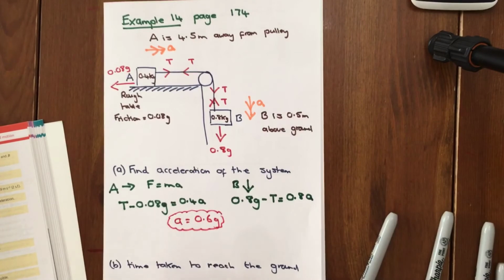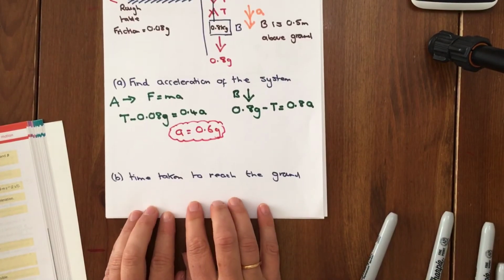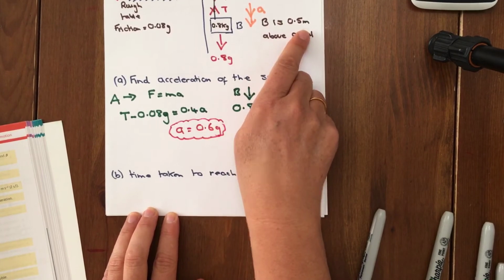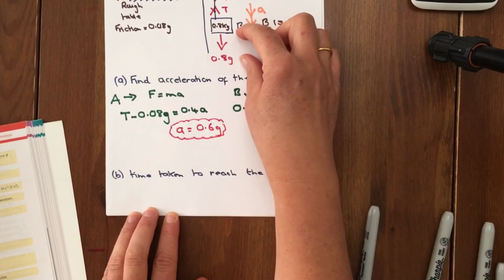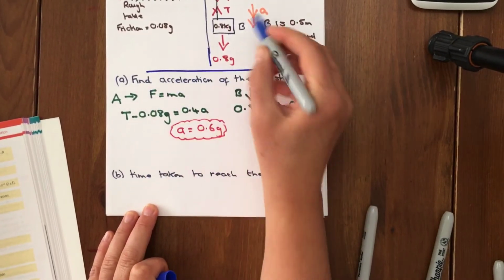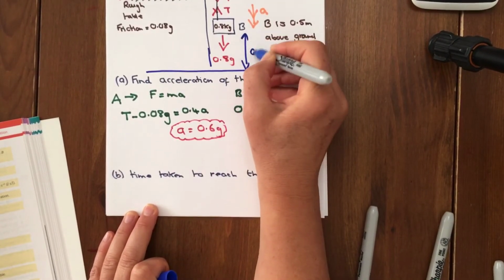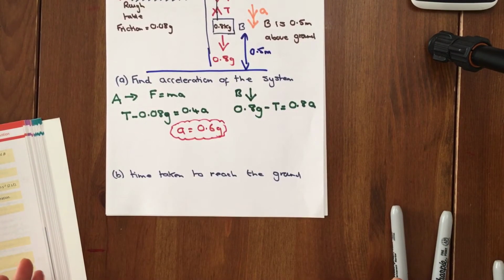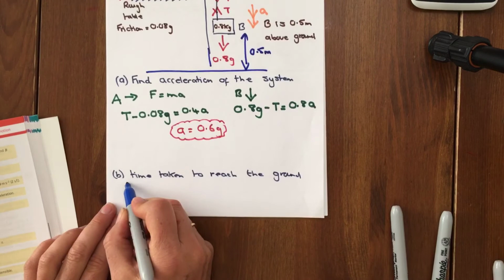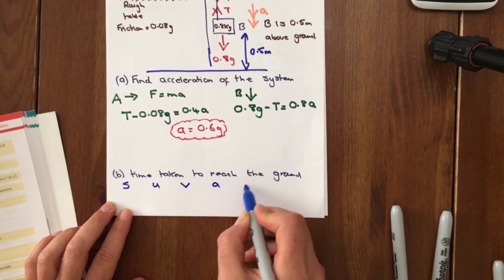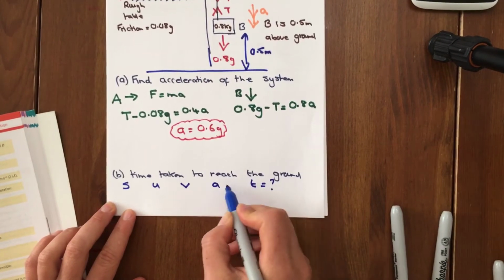Okay, the time taken, part B, to reach the ground. Okay, so B is 0.5 meters above the ground. The distance is 0.5 meters here, if I just extend this. So we're going to use SUVAT, exactly the same as the last two examples. You're going to do S, U, V, A, T. You want to work out time.